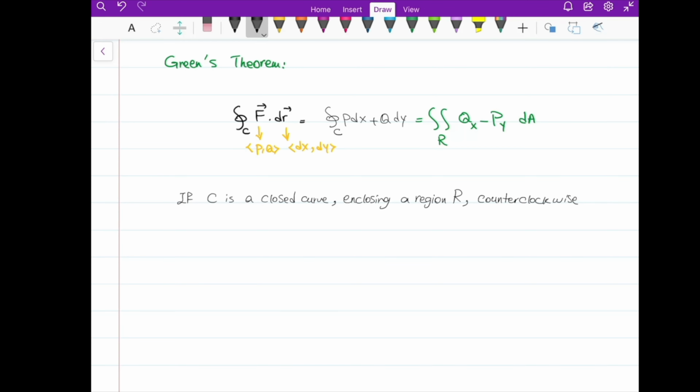So these three conditions are basically the conditions for C.